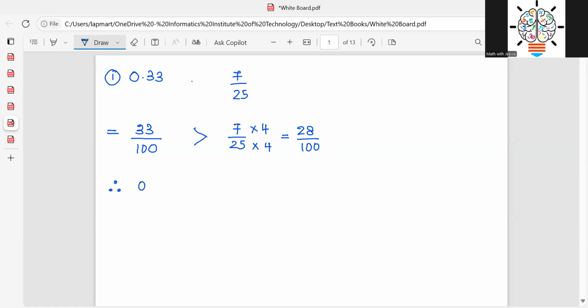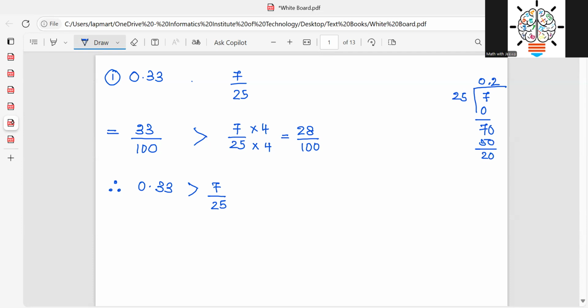Therefore, 0.33 is bigger than 7 over 25. So did you see what I did over there? First you convert the decimal into fraction, or else one child can decide it like this. So let's say that you have 7 over 25. 25 into 7, you take the imaginary 0, then 2, 50, right?